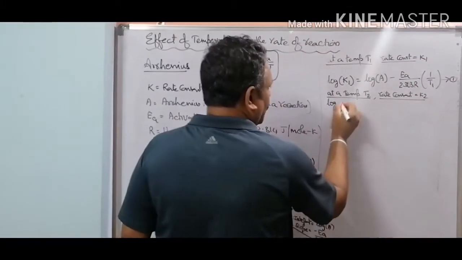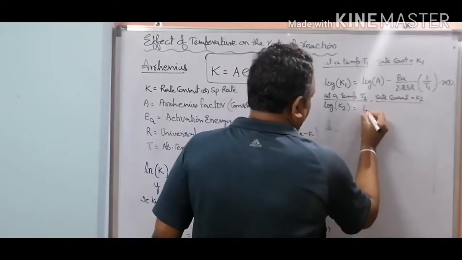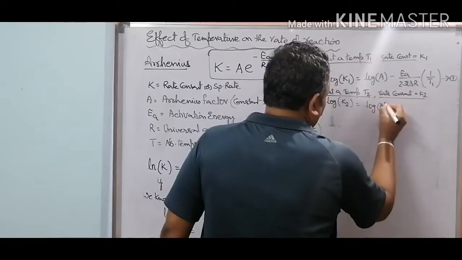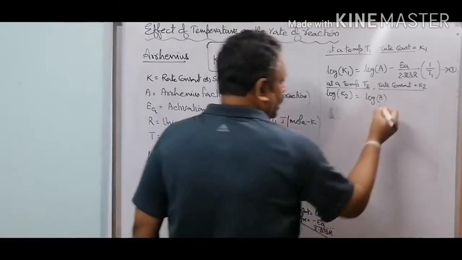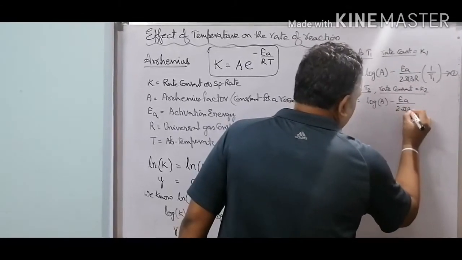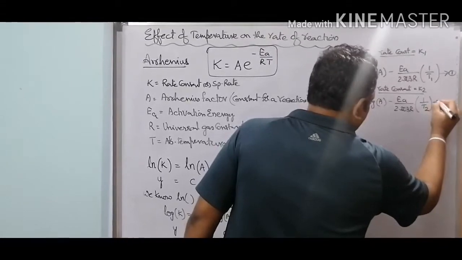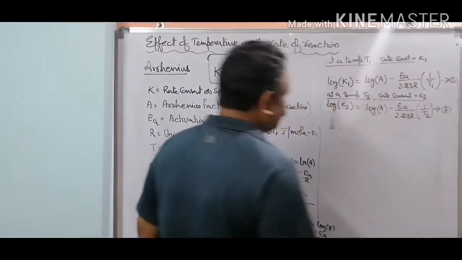Okay, then applying this condition into your Arrhenius equation in the logarithmic format, we will get it again as log of K2 is equal to log of A minus of EA by 2.303 R into 1 by T2. Let us mark this as equation number 2.